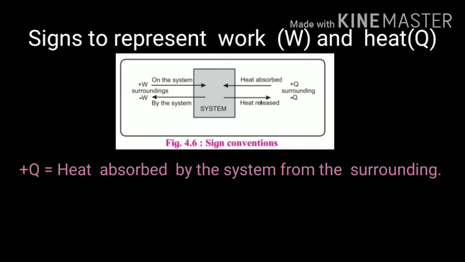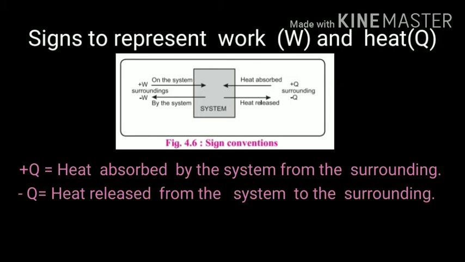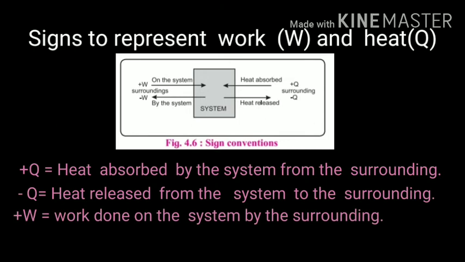Next is minus Q. So this is the heat that is released from the system to the surrounding. That is why it has the minus sign. You just have to observe the direction of the arrow. The one which is pointing towards the system has positive sign, and the one which is going into the surrounding has negative sign. The next sign convention is plus W.